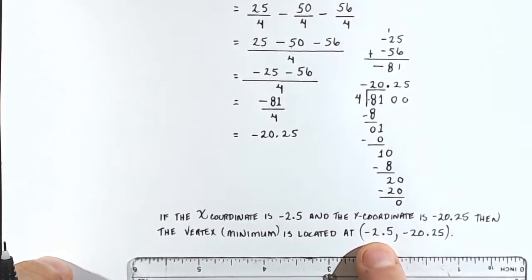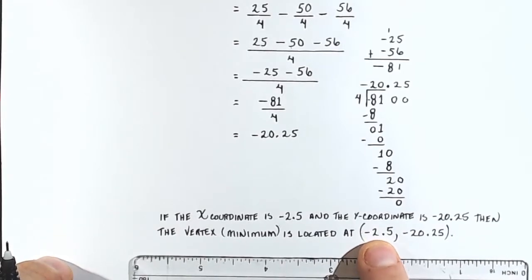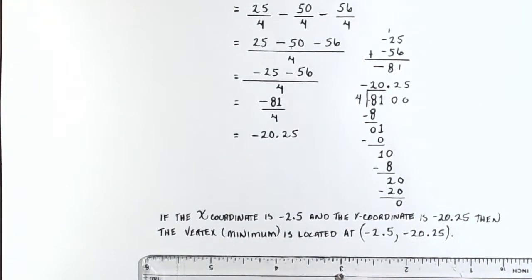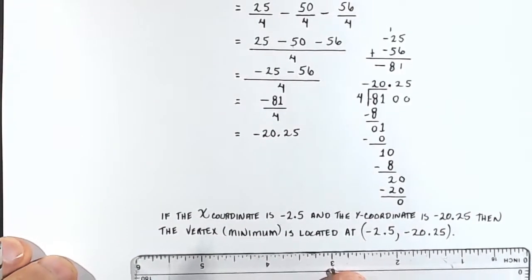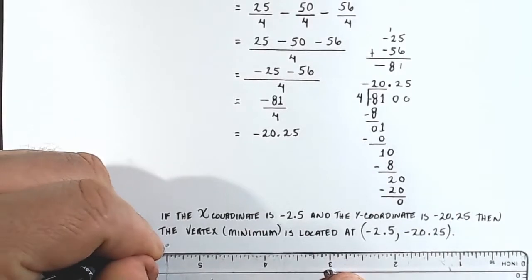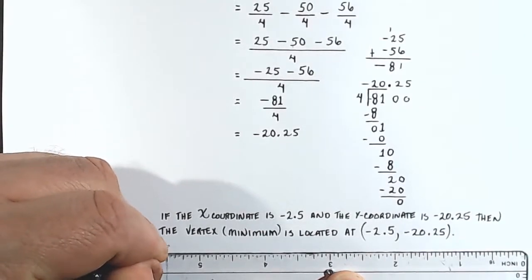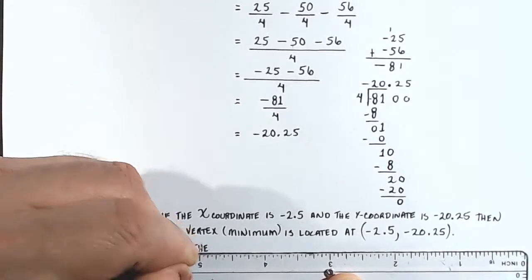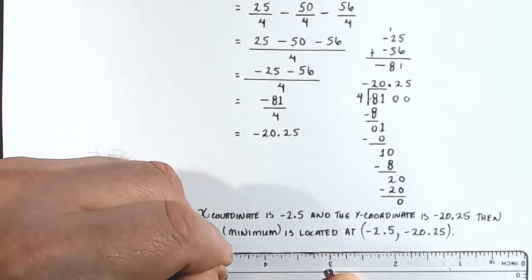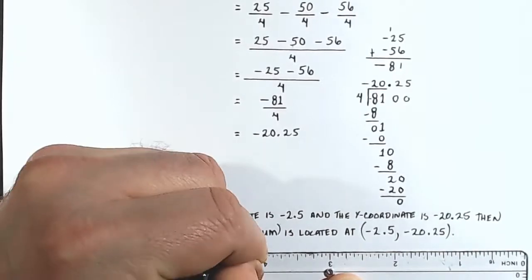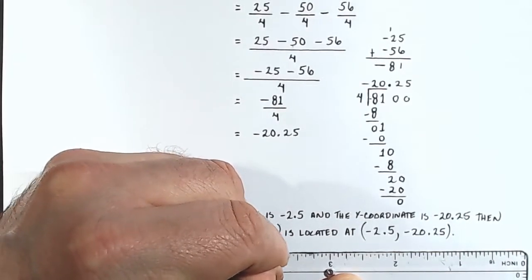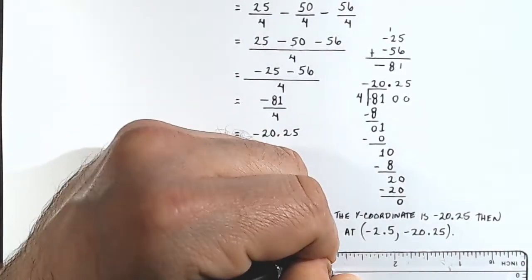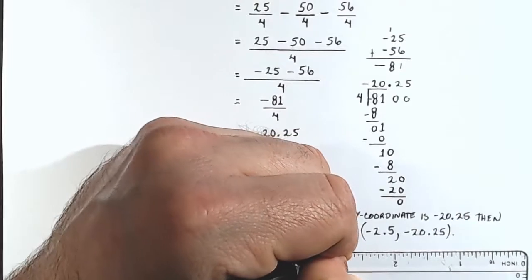We should also add here something. Whenever you find the x-coordinate of the vertex, you are also finding the axis of symmetry. Let me say that again. The x-coordinate of the vertex is the axis of symmetry. So I'll say, also, the axis of symmetry is a vertical line passing through negative 2.5.